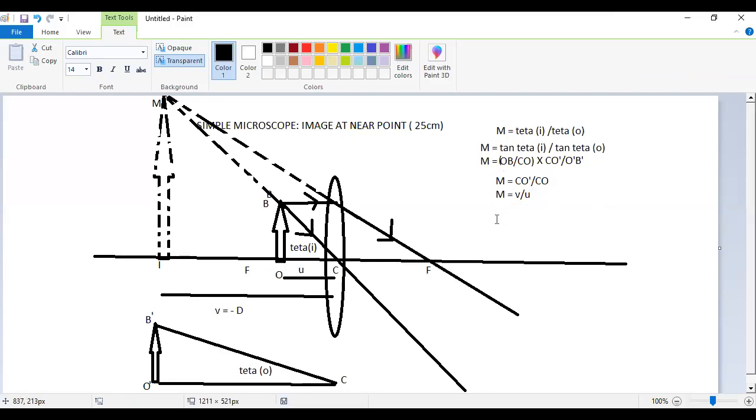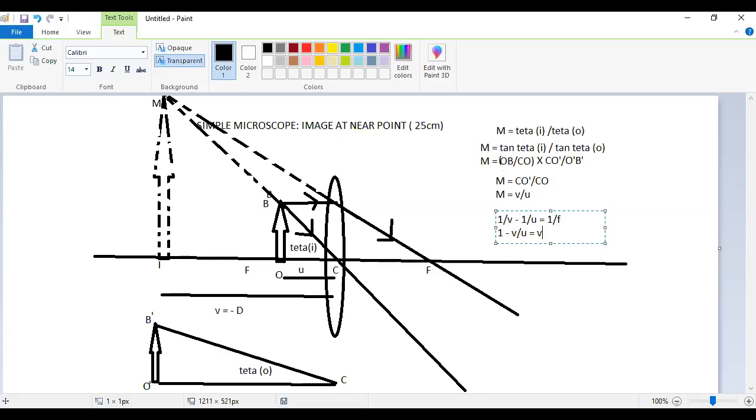So we leave it and go to the lens formula: 1 by V minus 1 by U equal to 1 by F. From that, multiply throughout by V. V is constant, and I want V on the right hand side.